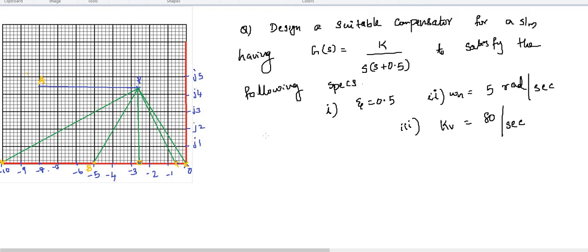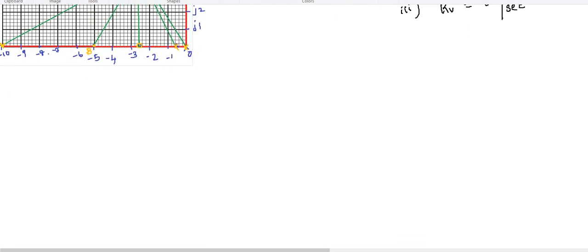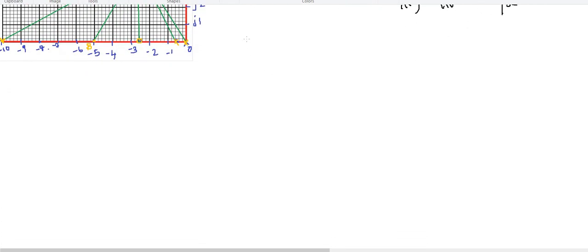The damping ratio is 0.5, the undamped natural frequency of oscillation omega n is 5 radian per second, and the velocity error constant should be 80 per second. So we have to design a suitable compensator for this problem using the time domain approach. That is our question. So how can we do that?